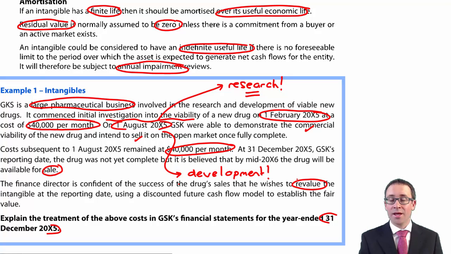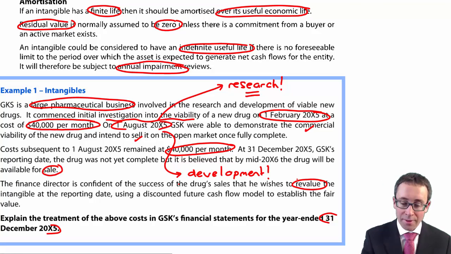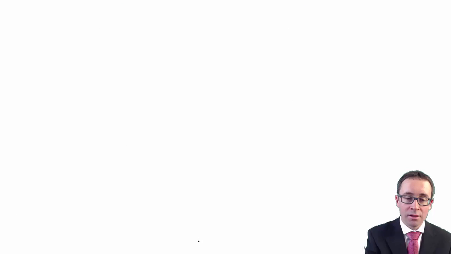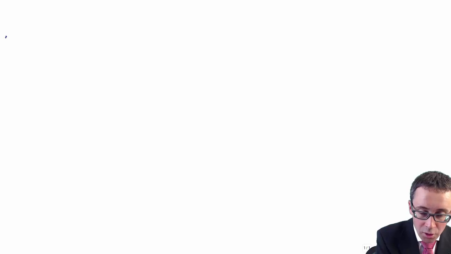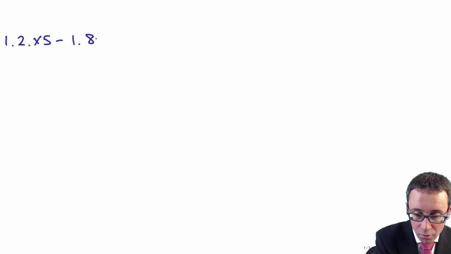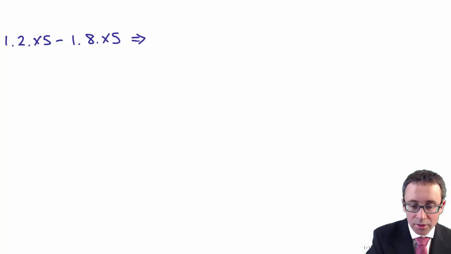Okay, so if that's the case, we cannot revalue it, we cannot amortize it, but we need to expense an amount through profit or loss. We need to expense an amount, don't we? Or capitalize, I should say, on the statement of financial position. So was it there the 1st of February X5 to the 1st of August X5? Check on your fingers.